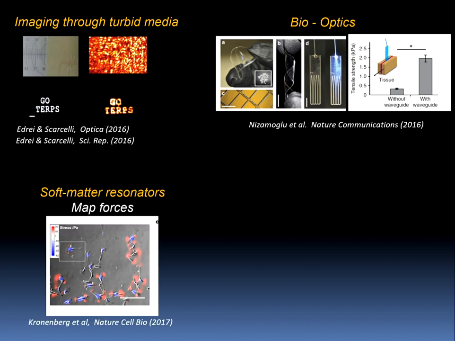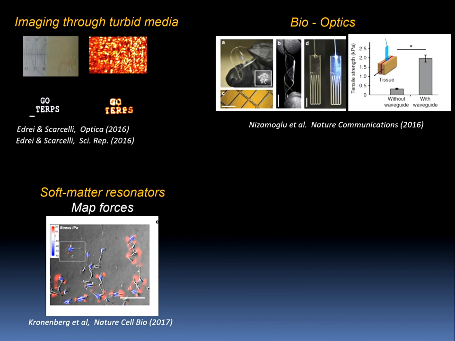Another topic that we are very interested in is using resonators. Resonators are a very familiar tool in non-biomedical optics. The reason why they are interesting, right, resonators are like lasers, is that by going on resonance, you become very, very sensitive to any changes of the surroundings.